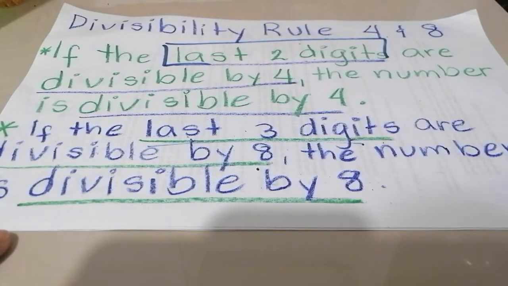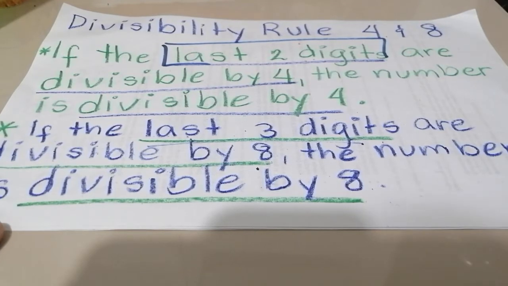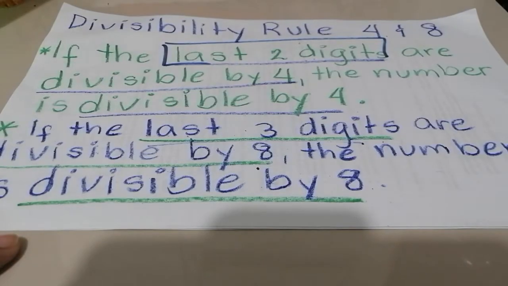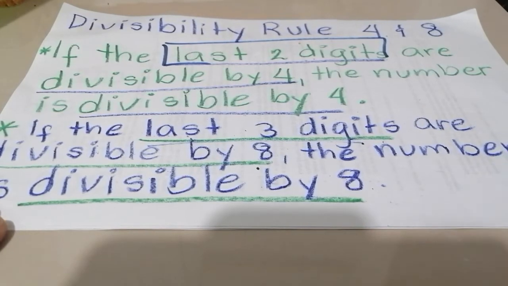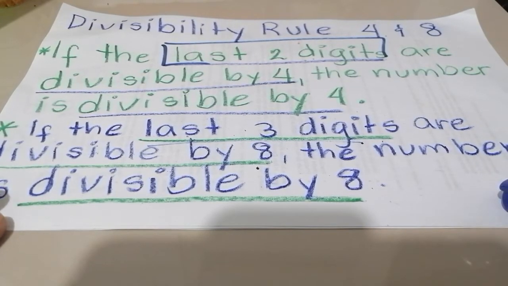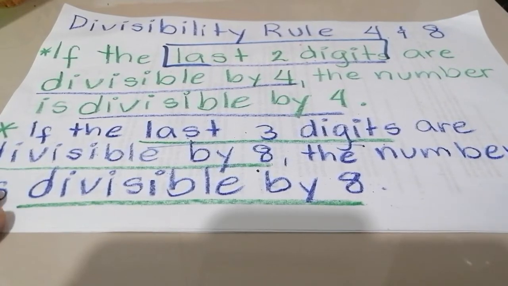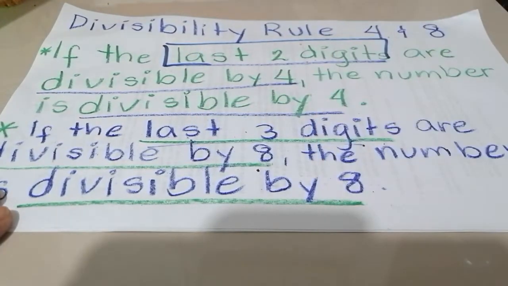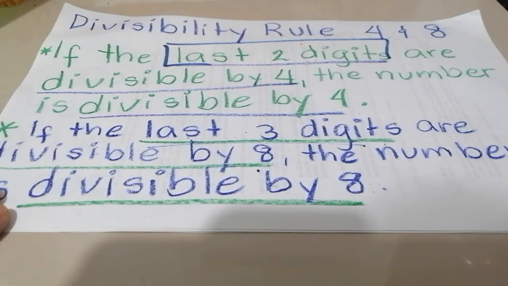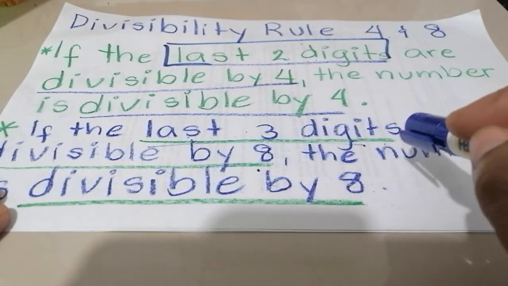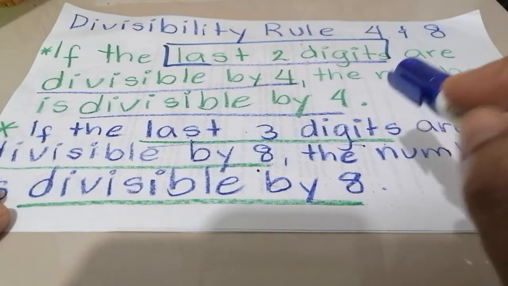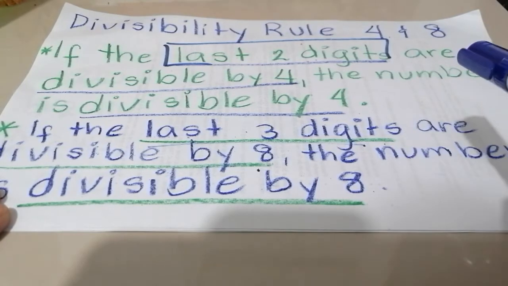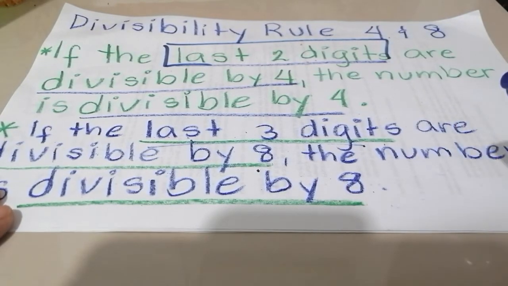In a number, whether it is a 2-digit, 3-digit, 4-digit, or more than 5-digit number, you would know if that number is divisible by 4 by just looking at the last 2 digits of the number. If that last 2-digit number is divisible by 4, meaning there's no remainder when you divide it, it's just a whole number or zero remainder, then that number is divisible by 4.